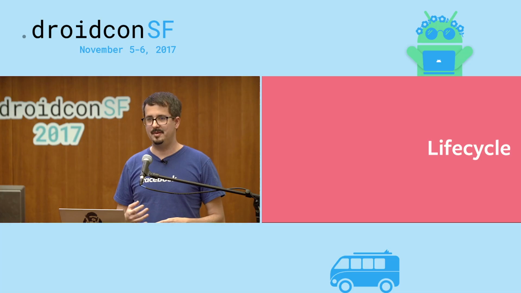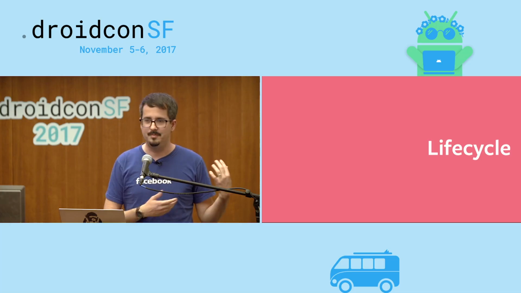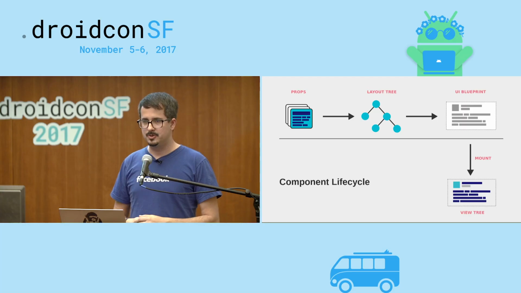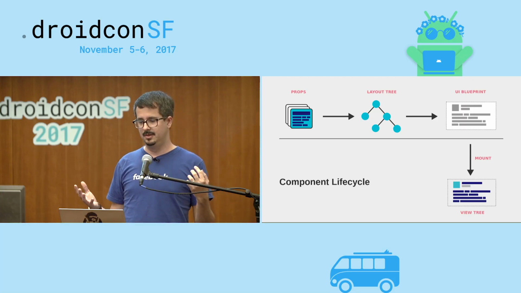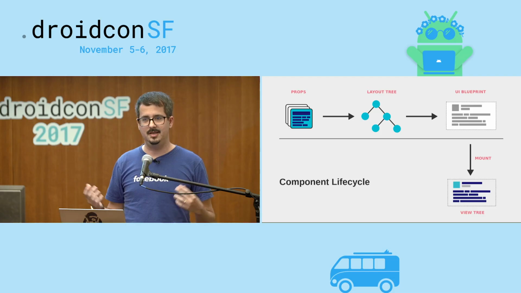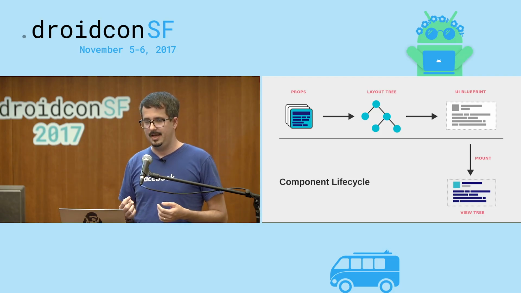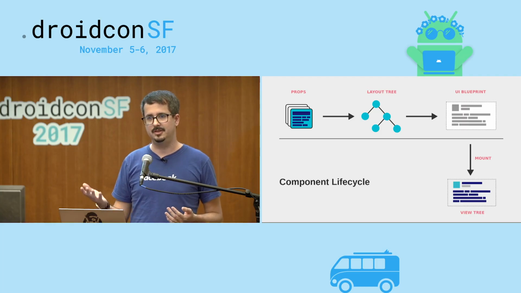So let's talk a little bit about what's under the hood with Litho and how it solves the problems that I mentioned in the beginning of the talk. Let's understand what the lifecycle of each component in Litho is. Everything starts with props. You're going to have inputs to a component that is the root of your tree. Then the framework is going to trigger the onCreateLayout, the thing that you implement.